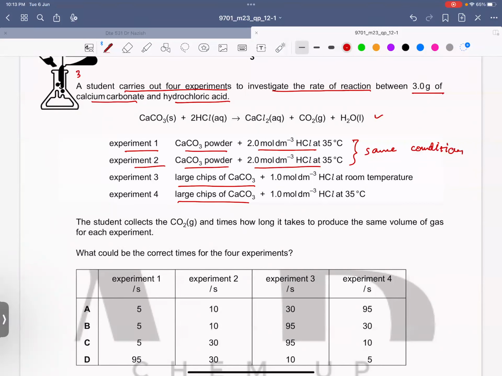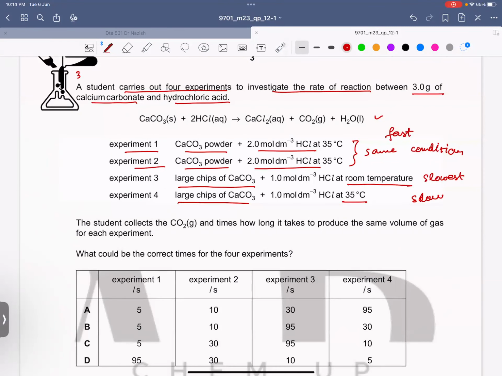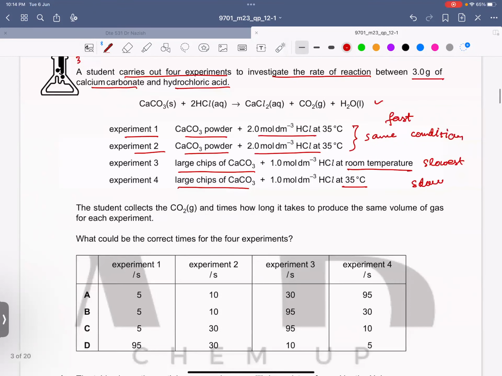Larger chips make it slower, and it's at room temperature versus 35 degrees Celsius. So it would be the slowest one. And these two are the fastest or fast ones. Is this understandable to everyone? Now look at the answers.